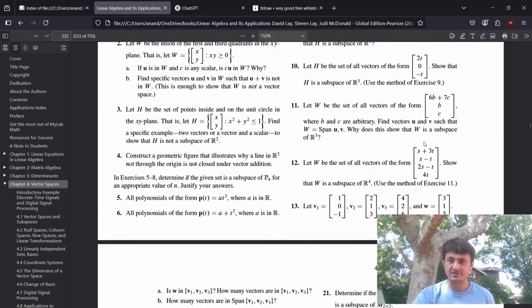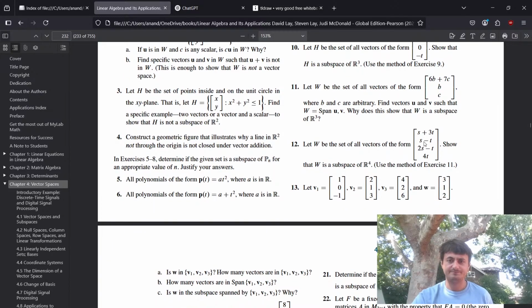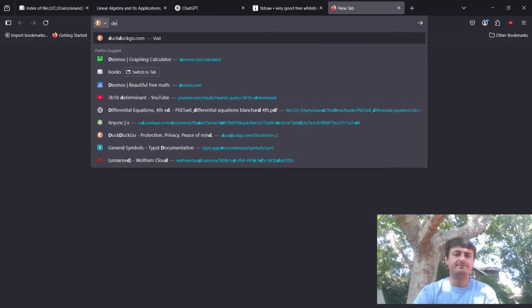Why does this show it's a subspace? Because you've written it as a linear combination of column vectors, and that is the definition of span. Let's see, what is the actual definition of span?